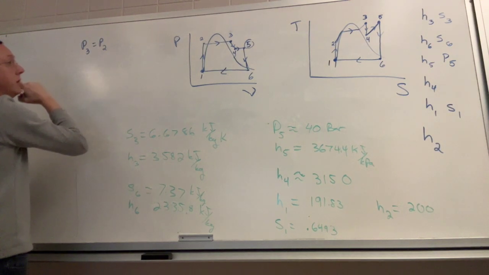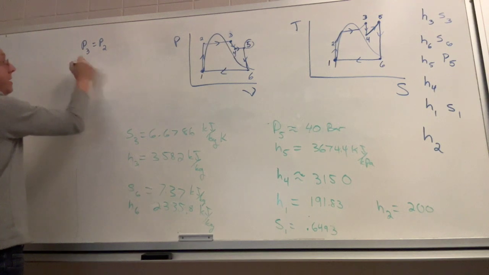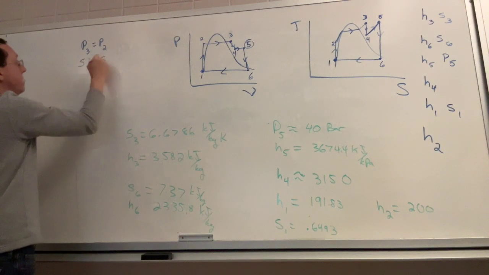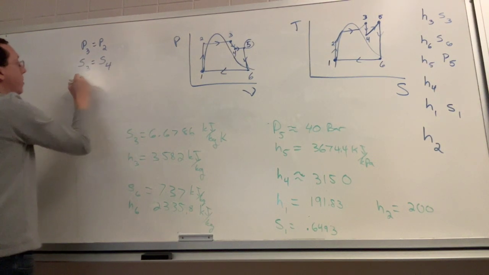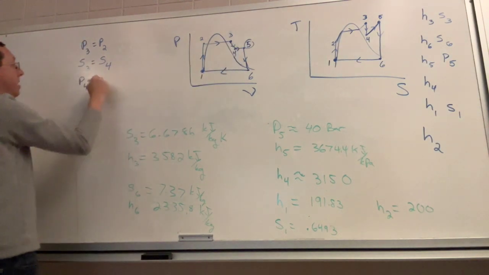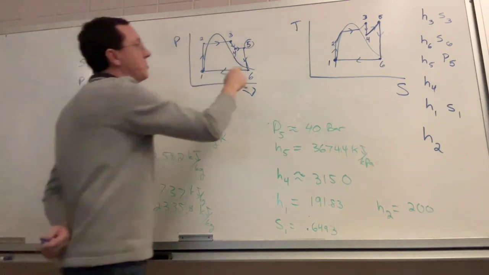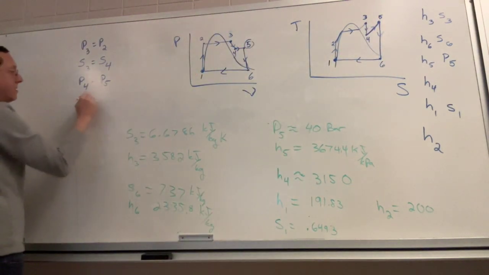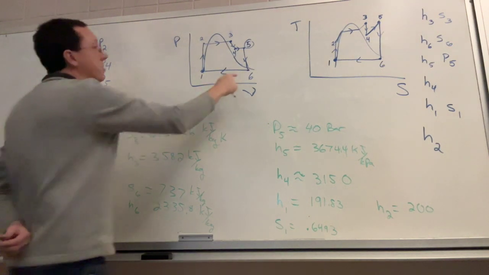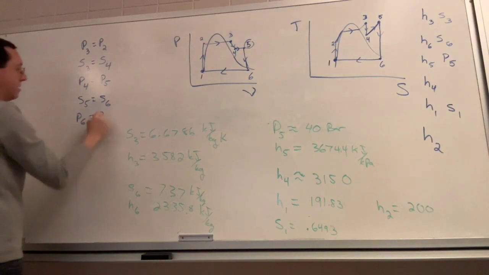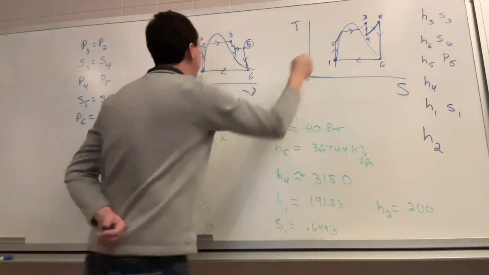We can assume that entropy at 3 equals entropy at 4. We can assume pressure at 4 is the same as pressure at 5. Then we can assume that entropy at 5 is the same as entropy at 6. We can assume pressure at 6 is the same as pressure at 1. And we can assume entropy at 1 is the same as entropy at 2.